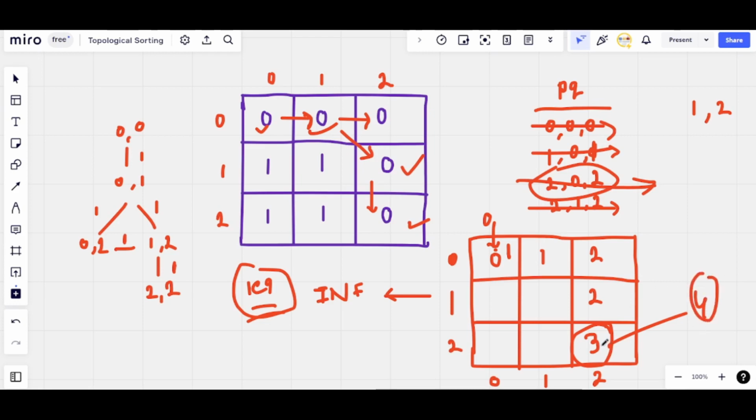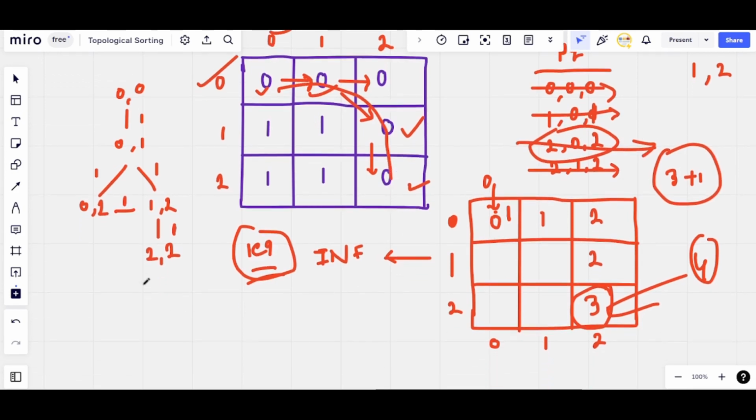So we simply return the answer that we have here, that is 3 plus 1. That represents my number of cells that I have visited, the valid cells that I have visited, starting from cell 0 0 till cell 2 2 along this path. So the answer is 4.